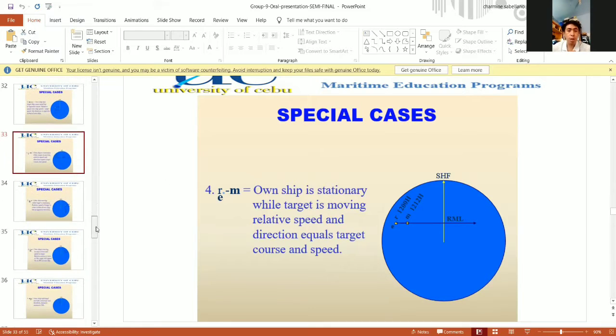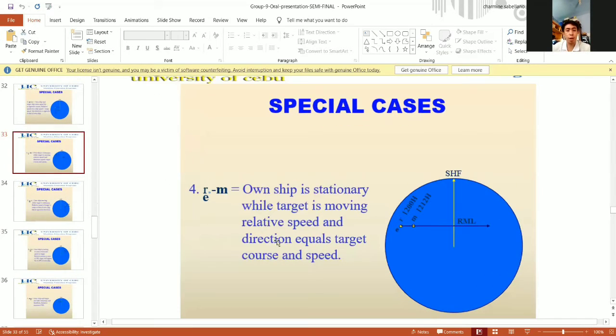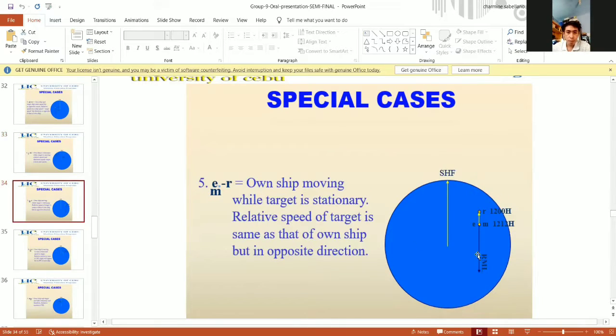ERM is own ship is stationary while target is moving; relative speed and direction equals target course and speed. ERM or MER is own ship moving while target is stationary. Relative speed of target is same as that of own ship but in opposite direction.